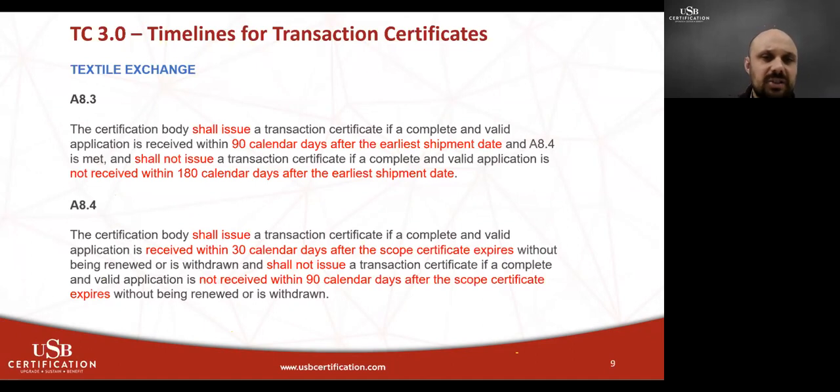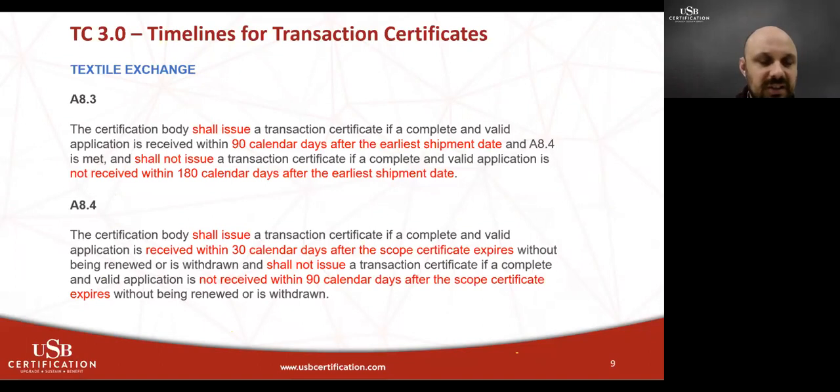Another key change is that if a scope certificate expires or is withdrawn, in the next 30 days after the expiration or withdrawal date, we have to issue transaction certificates where the shipment dates were on or before the expiration date of that scope certificate.